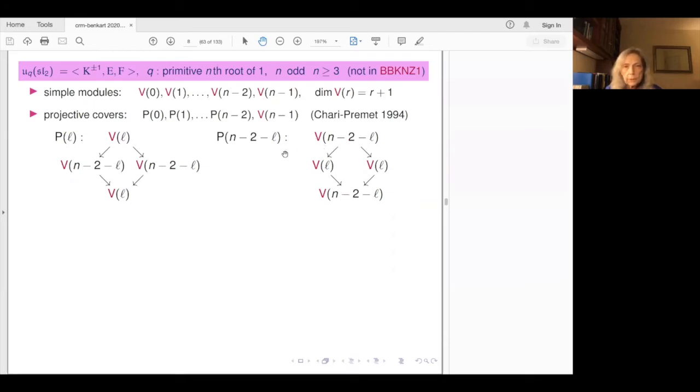You notice this P_{n-2-L}. So when the two indices add up to n minus 2, then you get the same composition factors, but they're arranged differently. So when I start looking at multiplicities of composition factors, these two are going to look the same. So the module I'd like to tensor with is the natural module here.